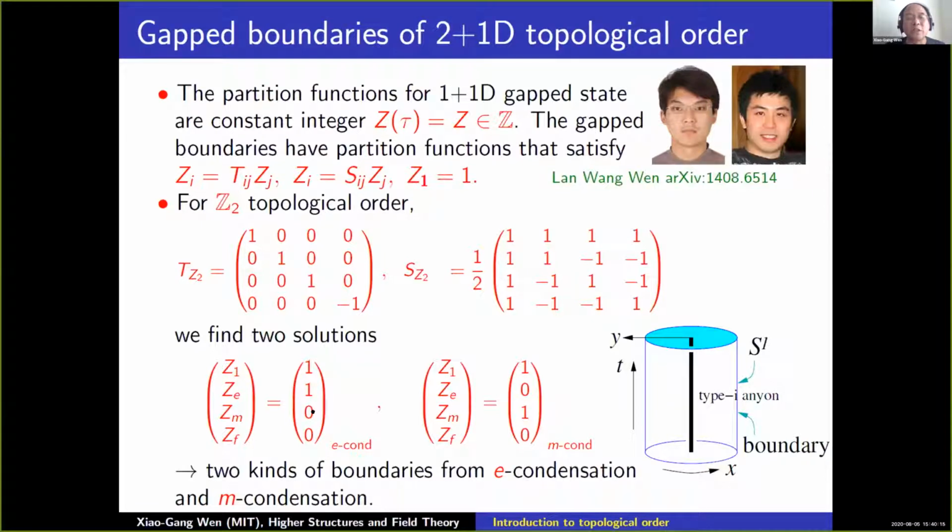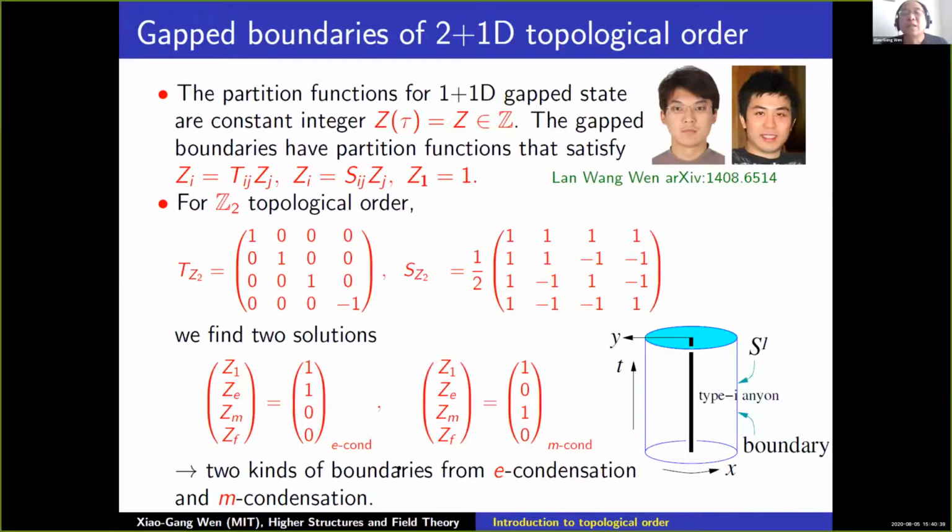So this zero means that the M particle is not condensed on the boundary. And this zero here means the F particle is not condensed on the boundary. Only the E particle is condensed on the boundary. Similarly, in this case, the M particle is condensed on the boundary, but the E and F particles are not condensed on the boundary. So there are only these two kinds of boundary for this Z2 topological order.